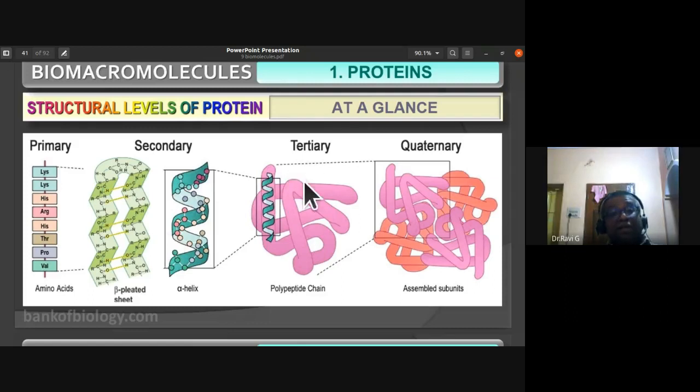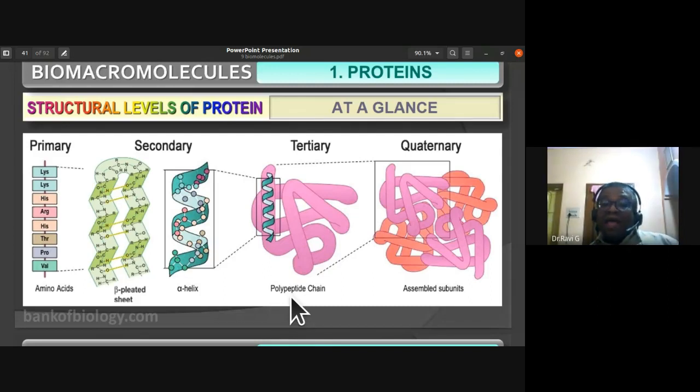In the tertiary structure, the helical structures are further folded to form a hollow woolen ball-like structure, with a hollow central cavity, and you notice that they are three-dimensional structures.